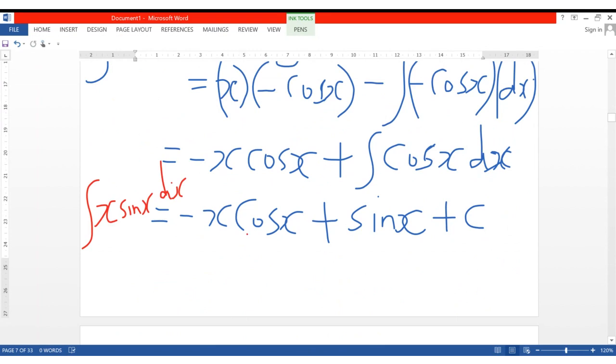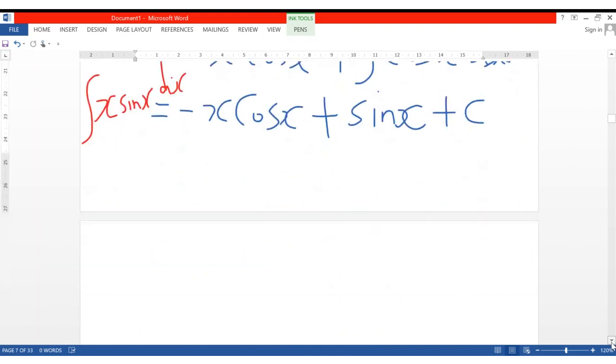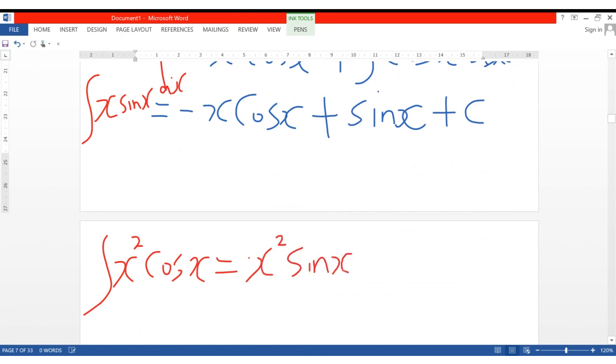Now that we have done this, let me go back to the function that I had. It was telling me that when you integrate x squared cos x, first of all what we are getting is x squared sin x minus the integral of 2x sin x dx.